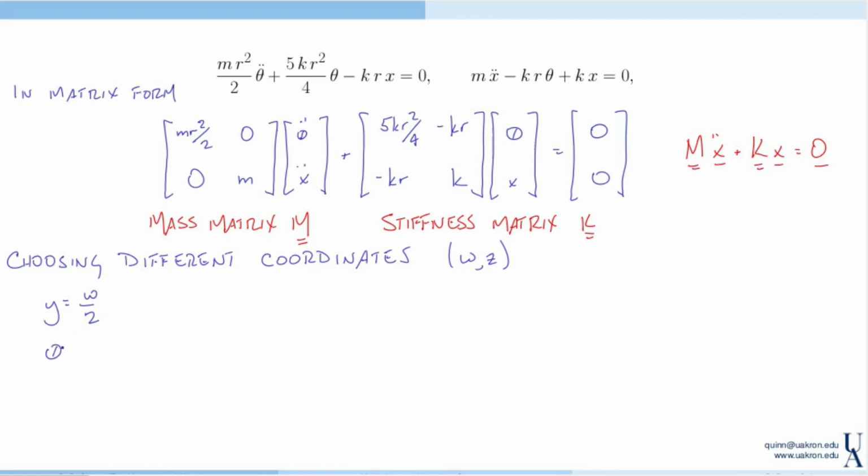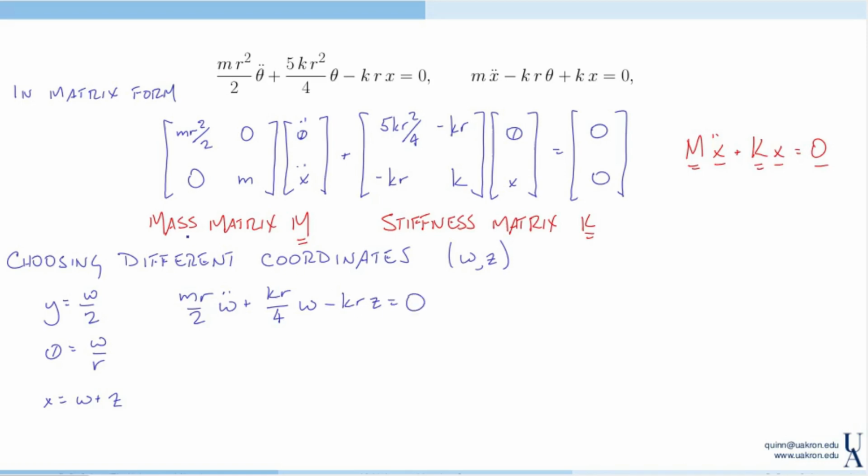Theta would be solved as W divided by R, and X would be W plus Z. And the resulting equations could be written as mr over 2 W double dot plus kr over 4 times W minus krz equals 0.